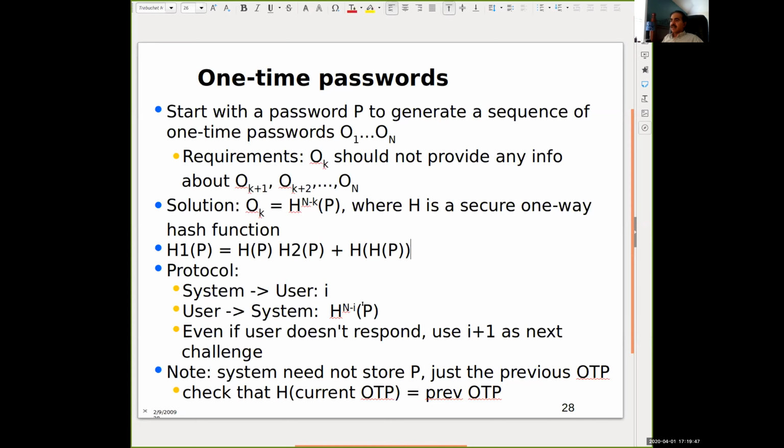So the attacker, even if they sniff, if the ith password is leaked, the attacker will not be able to figure out what is the I+1 password. And once again, there is a problem in your assignment that will show you how this scheme works.